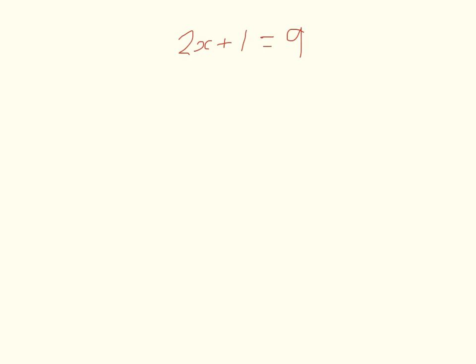Now, the question I want to ask you is, do we divide both sides by 2 first, because that's the inverse of multiply by 2, or do we take 1 from both sides? I'm going to have a look at how this equation actually works. How do I actually get to 9?